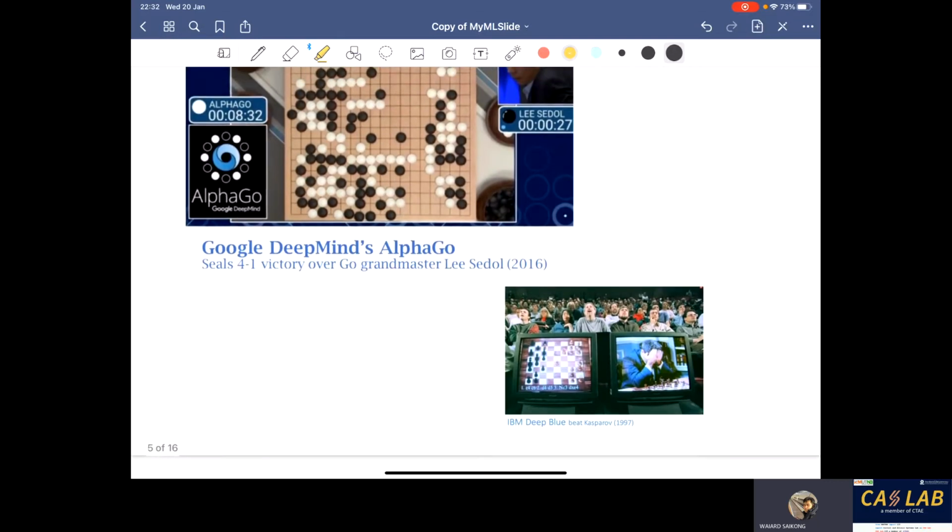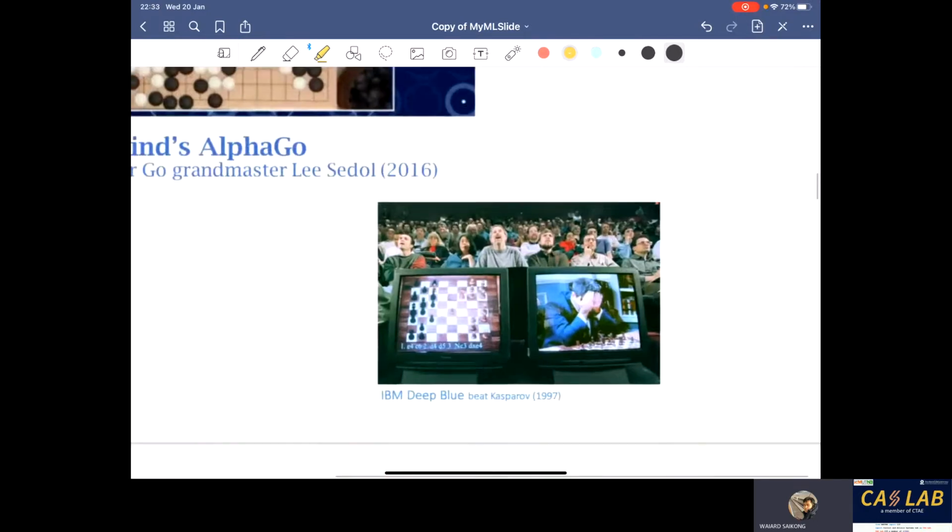The AI tries to learn and mimic how the human brain learns and gets better and better. And finally, it can do better than humans. Google DeepMind AlphaGo won over the Go master, and IBM Deep Blue beat the chess champion.